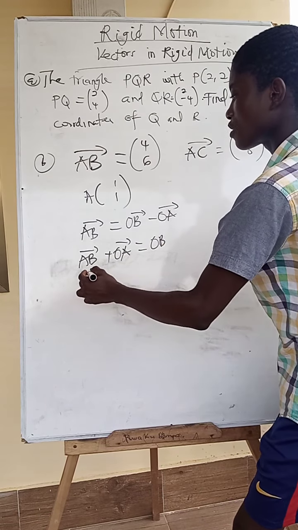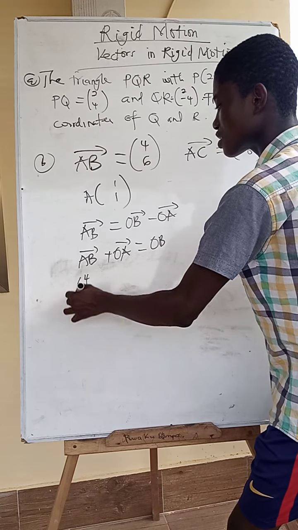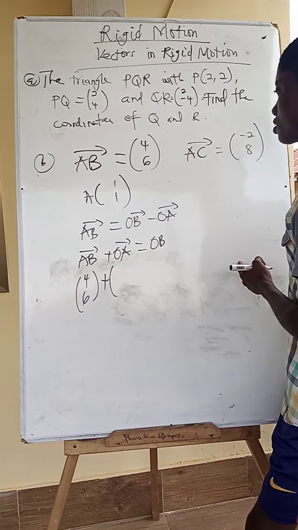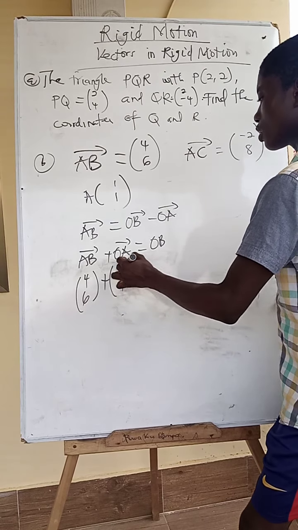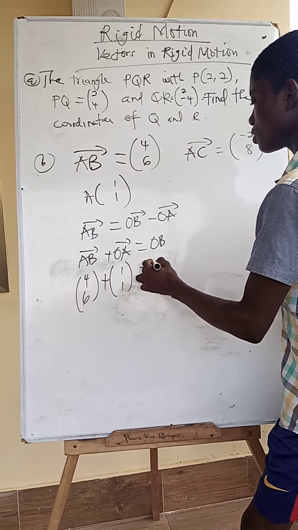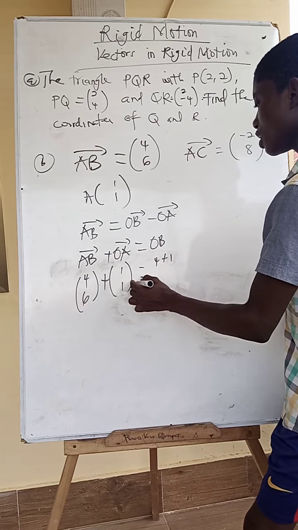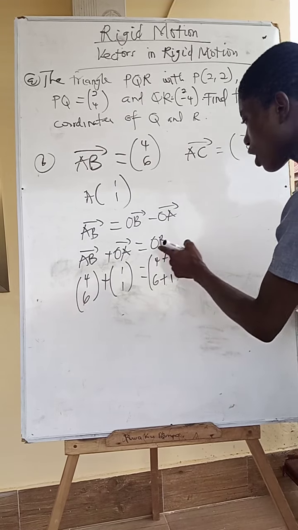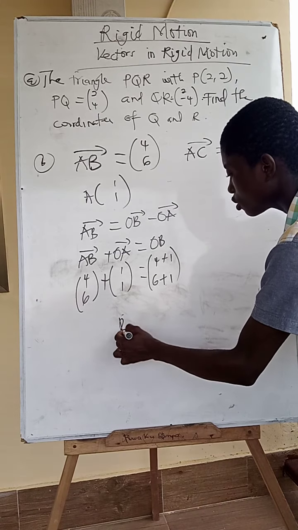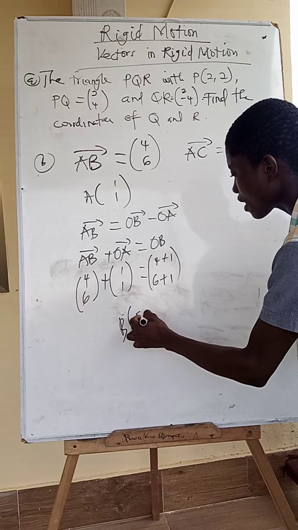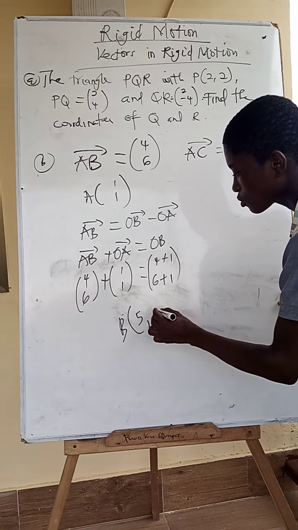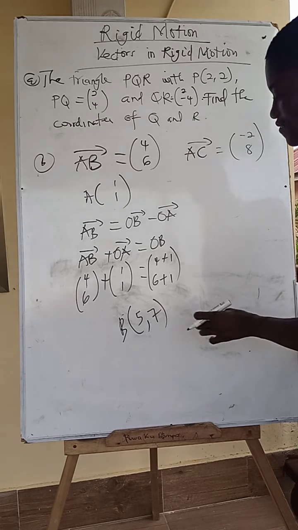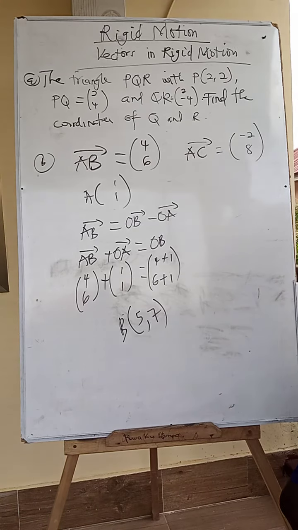So 4, 6 plus OA. A is 1, 1. So here we have 4 plus 1, we have 6 plus 1. So our OB, or the coordinate of B, 4 plus 1 is 5, 6 plus 1 is 7. So this is B, 5 and 7.